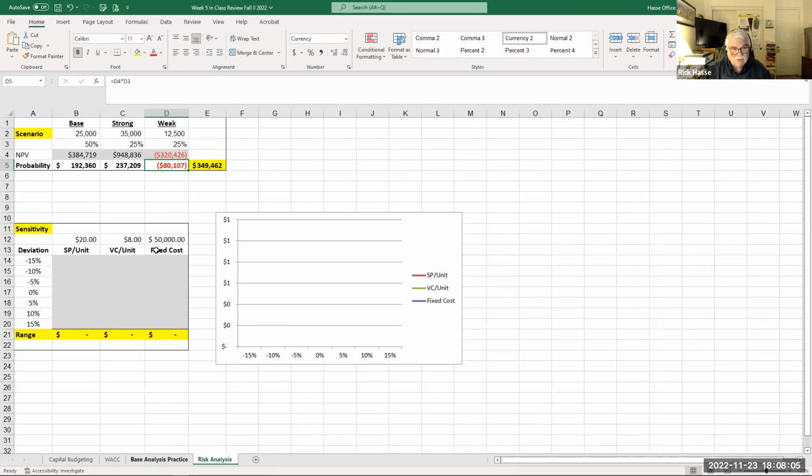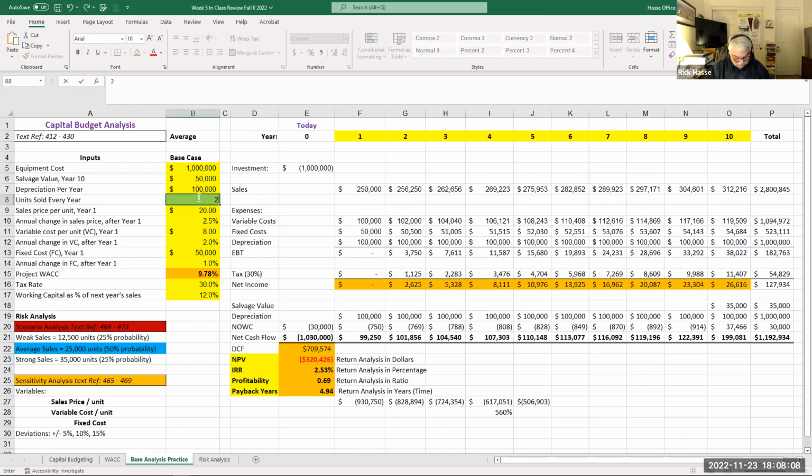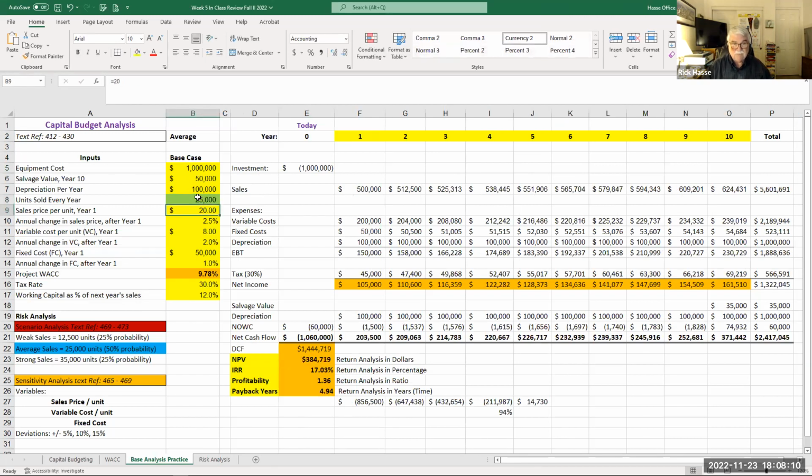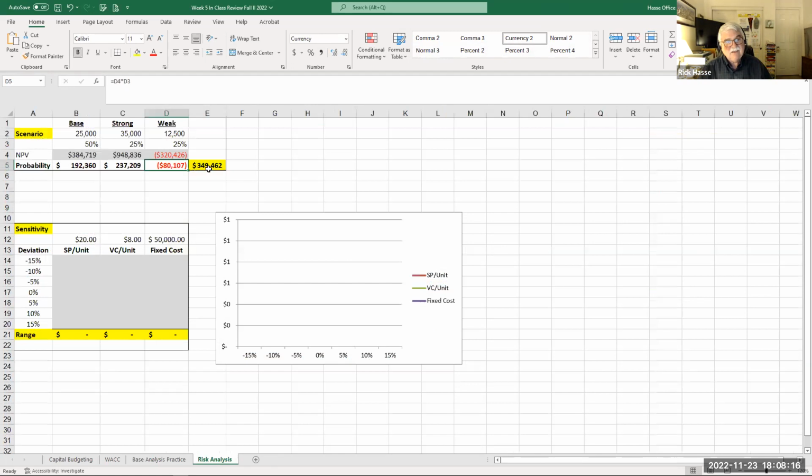When you're done with that, make sure you go back to your original base case and put in the original amount, 25,000, so it keeps all your numbers nice and clean. And then you go back to that scenario analysis, and here's what you get. By taking the various net present values at the likelihood of 25,000 units sold per year, 35,000 units sold per year, and 12,500 units sold per year, and weighting them by the probabilities given, you come up with what is called a weighted NPV scenario.